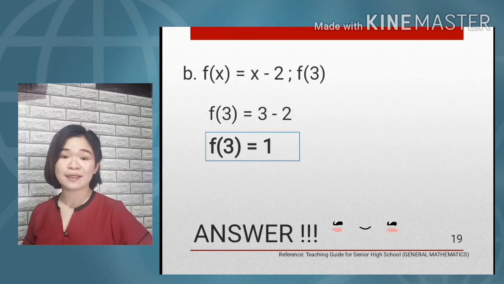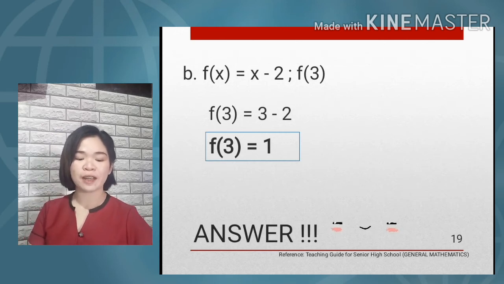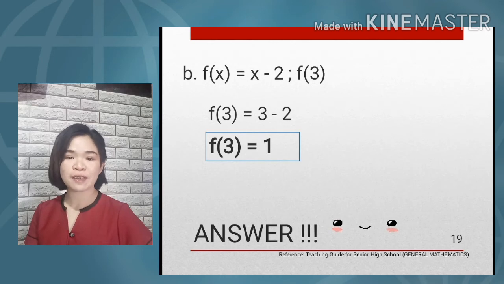So 3 minus 2 is simply 1. Therefore, f of 3 is equal to 1.